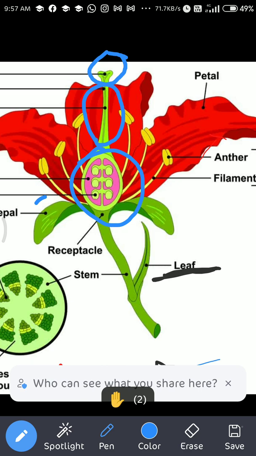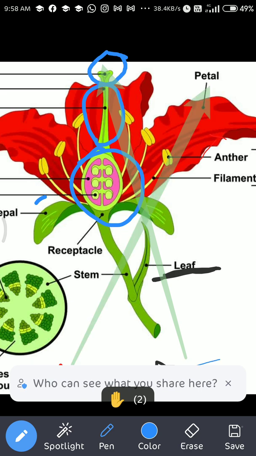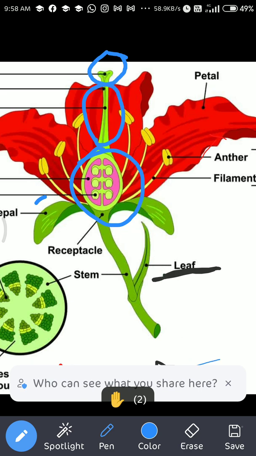I'll tell you that also. Pollen grains are there. Pollen grains, you remember, are the male reproductive cells. They are there in the anther. This is anther.